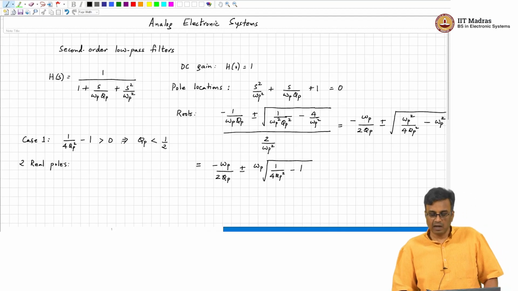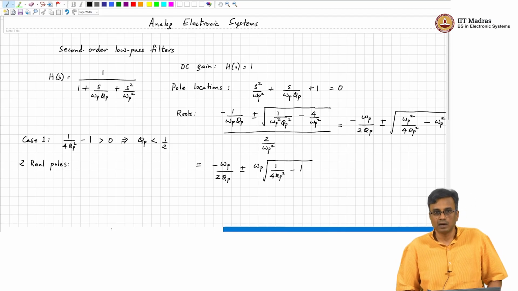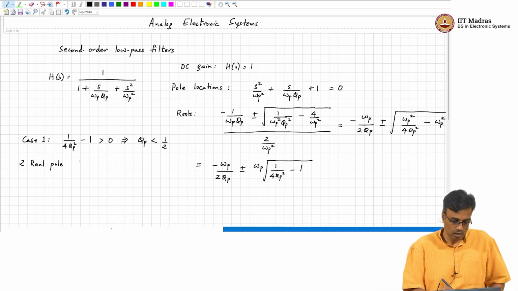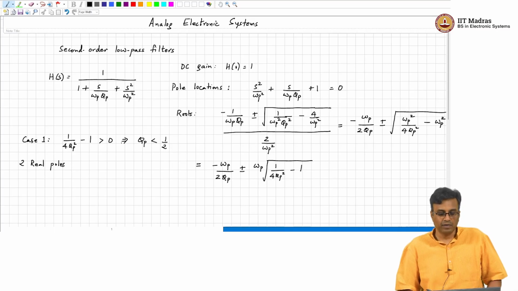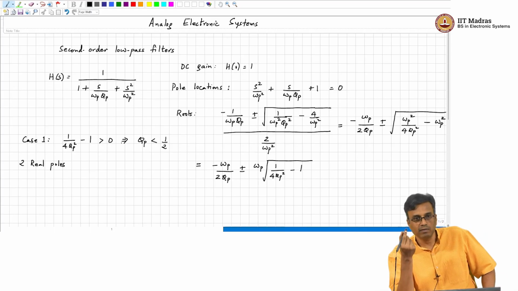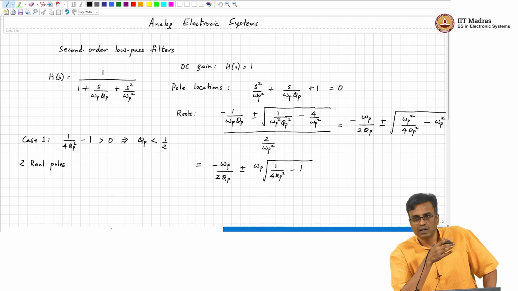and where are the two real poles? If they are on the left half plane is understood, because if Q is positive and omega p is obviously positive, then all the coefficients of the equation have the same sign. So, the poles must be in the left half plane. But where in the left half plane?